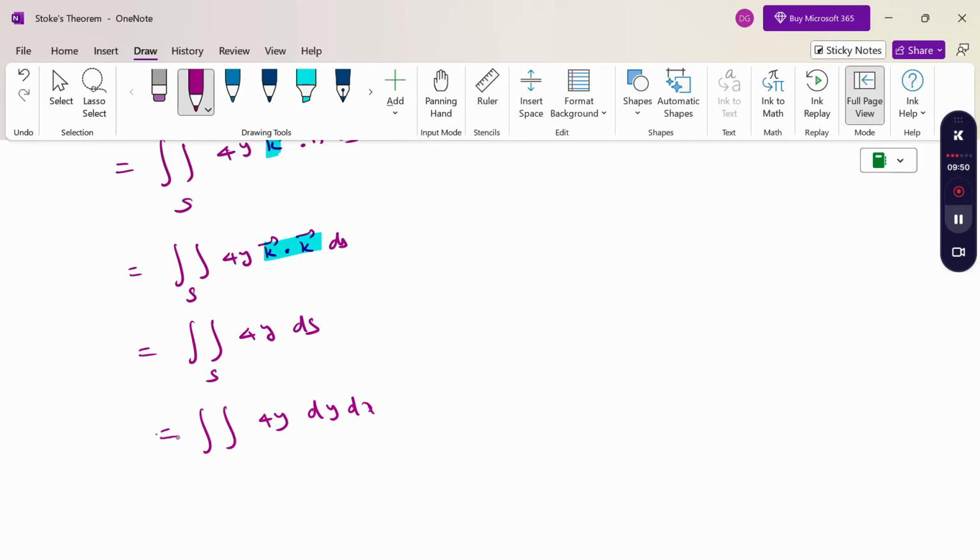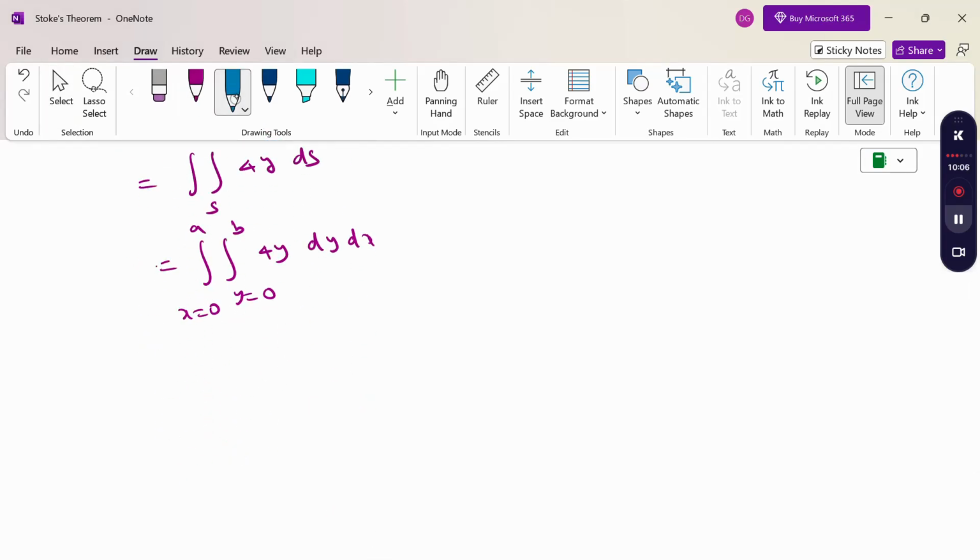So whatever we can choose. Now I am choosing y as the function, dy dx. Therefore the y range is given as 0 to b, and the x range is given as 0 to a. Now first integration with respect to y.